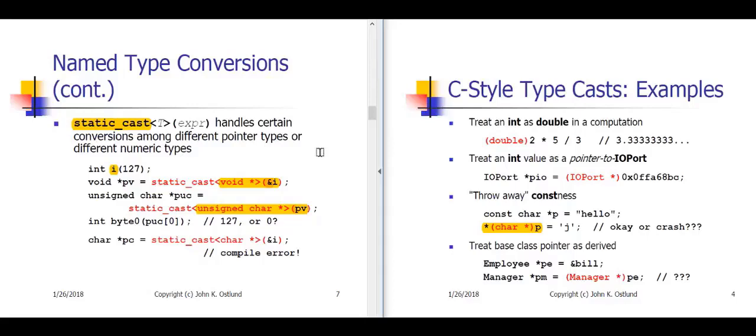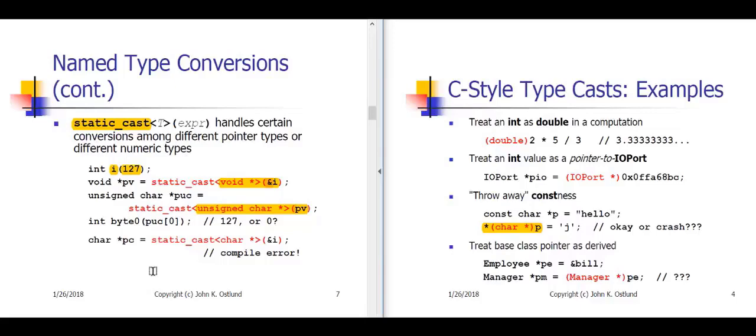And so what we might be interested in doing here is determining whether the 127 that I contains is stored in the first byte at that address or stored in a later byte at that address. If 127 is stored in the first byte at that address, that implies that we're working on a little endian processor as opposed to a big endian processor.